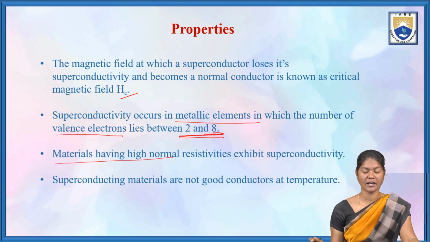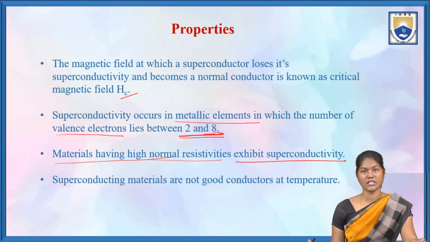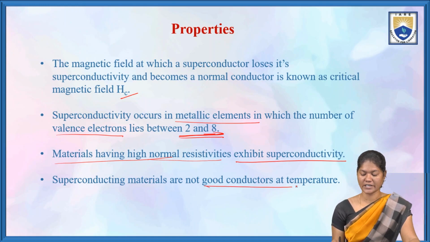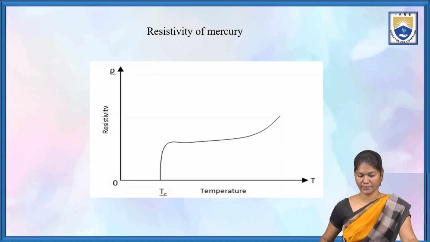Materials having high normal resistivities exhibit superconductivity. And superconducting materials are not good conductors at normal temperatures.